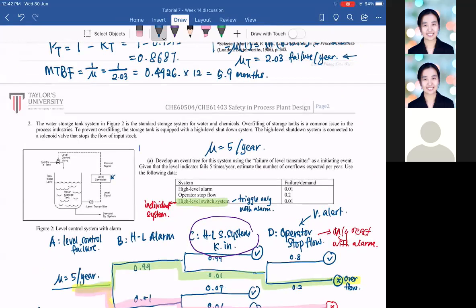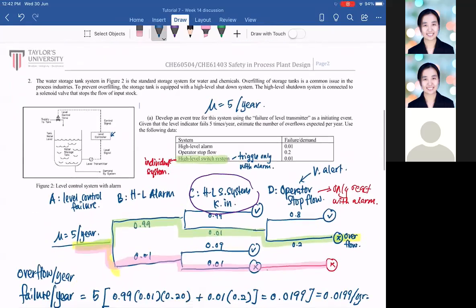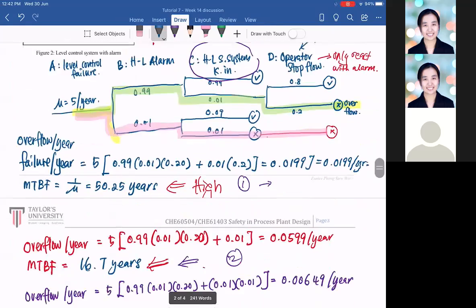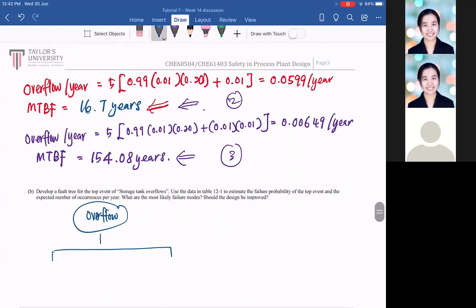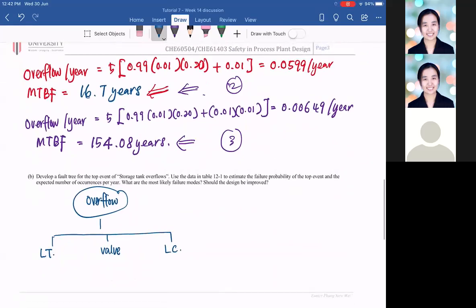We have three things here, so we are going to focus on these three things. Overflow here is where the level transmitter, then the second one is the valves, and the third one is the level controller. Okay, so is this an AND gate or an OR gate?